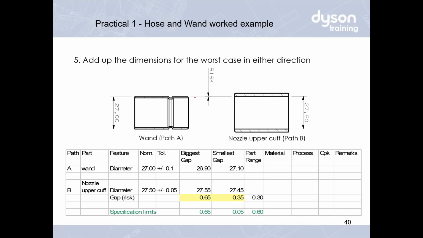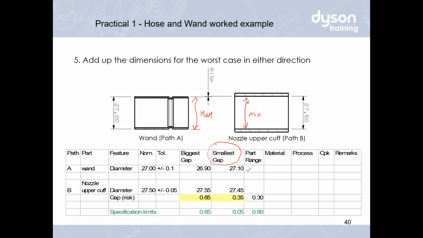Okay, and smaller gaps will occur when part A is maximum and part B is minimum. So how to get part A maximum? Part A maximum is at the upper spec limit, 27 plus 0.1, so it's 27.1.